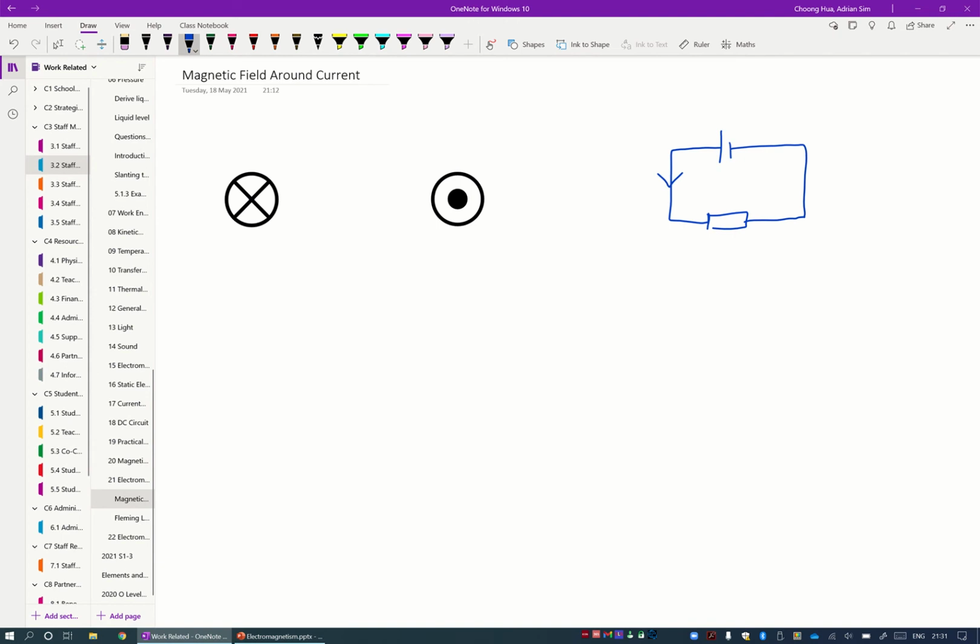On the diagram here, you can see two circles, one with a cross and one with a dot in the middle. The cross represents current flowing into the plane.